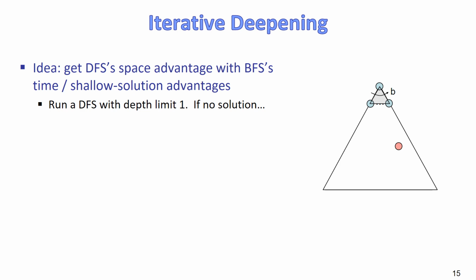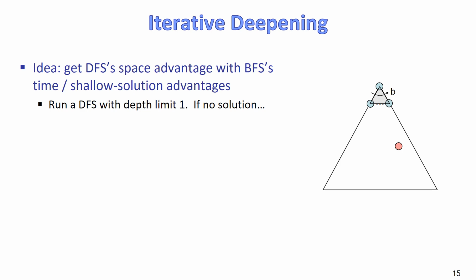So we start again from the root, and now in the second iteration we can go to tier 2. We are allowed to go to tier 2, but we are not allowed to go beyond tier 2, which means that if the solution is at tier 3, we wouldn't reach it until we get to iteration 3.